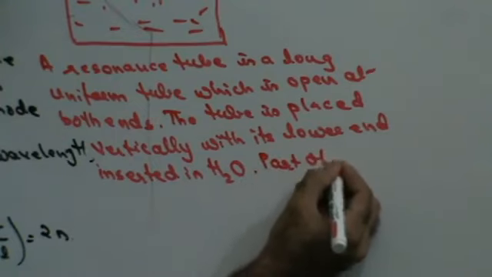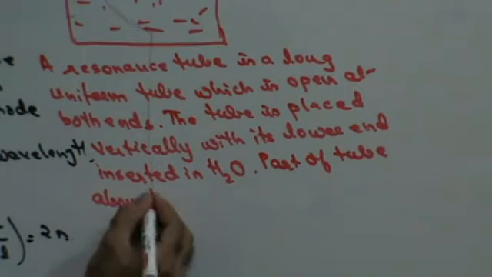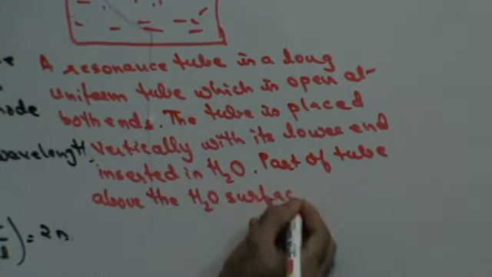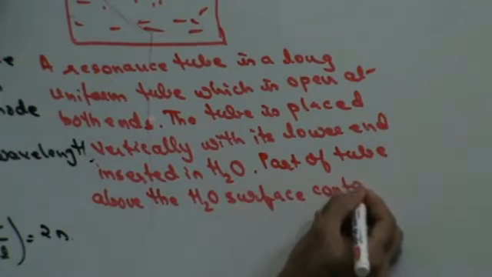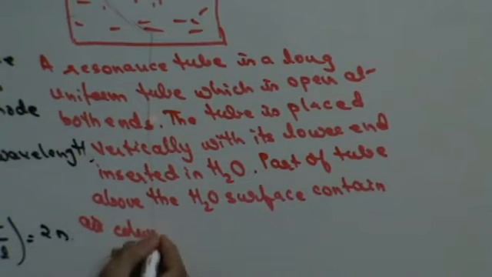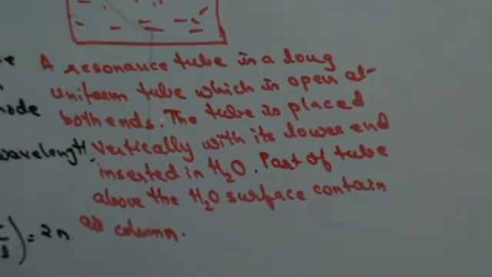Part of the tube above the water surface contains an air column. So you would have an air column in that particular part, right? The length of this air column can be changed by raising or lowering the tube in the water. That's the reason why we need the resonance tube.